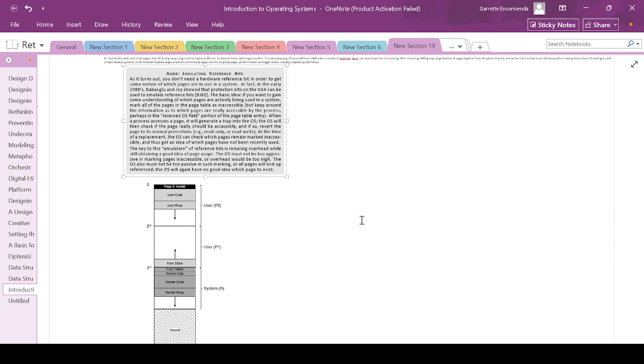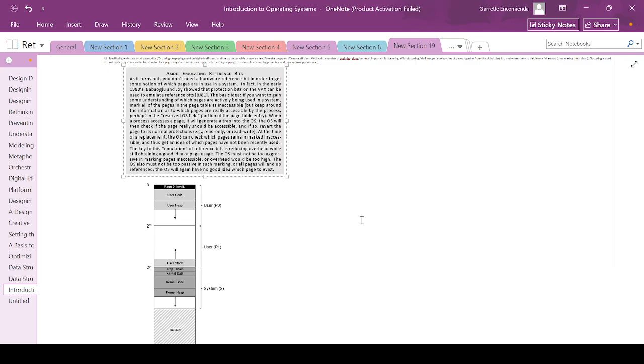The OS also must not be too passive in such marking, or all pages will end up referenced. The OS will then have no good idea which page to evict.